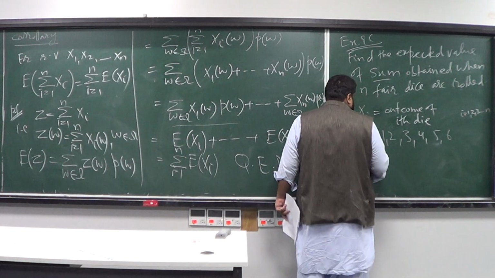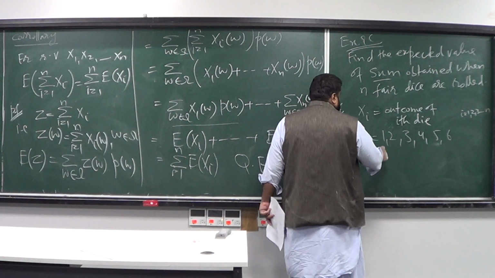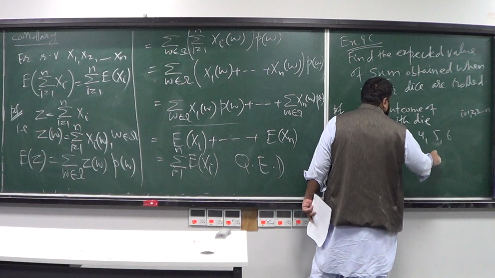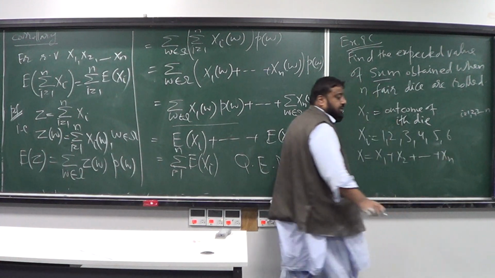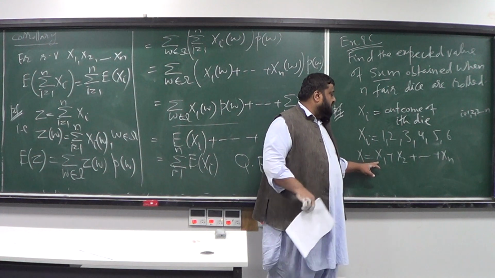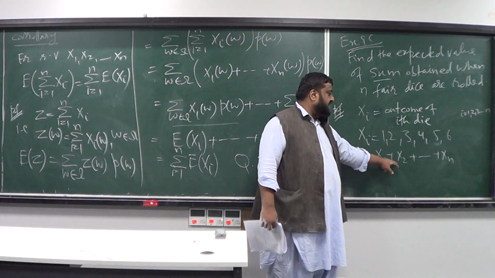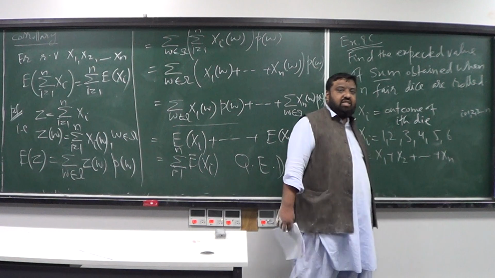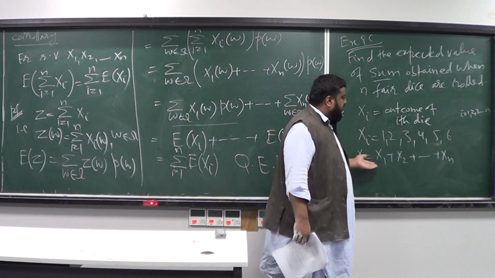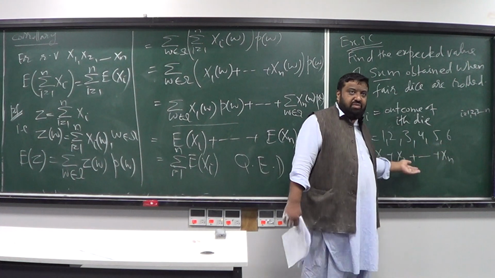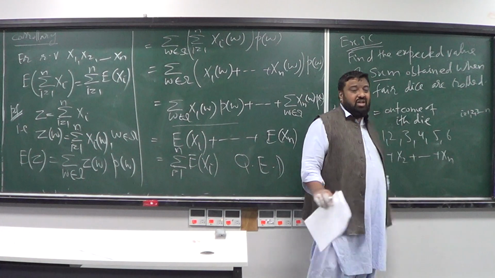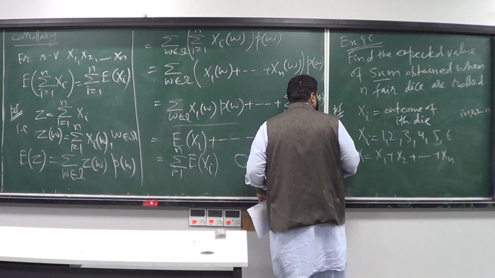सो अगर x इज रिप्रेजेंटिंग दैट सम तो इसका मतलब यह है कि x1 के आउटकम को सम कर दें x2 के आउटकम के साथ और xn के आउटकम के साथ, ठीक है? So x1 is outcome of the first die, x2 is outcome of second die, and xn is outcome of nth die, or x is the sum of all values of the numbers that showed up in the dice actually. और हमें करना क्या है, हमें इसकी expectation calculate.